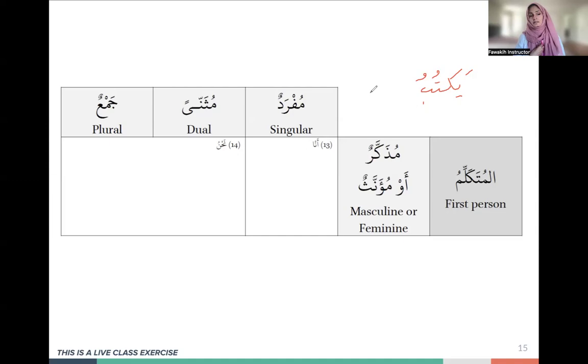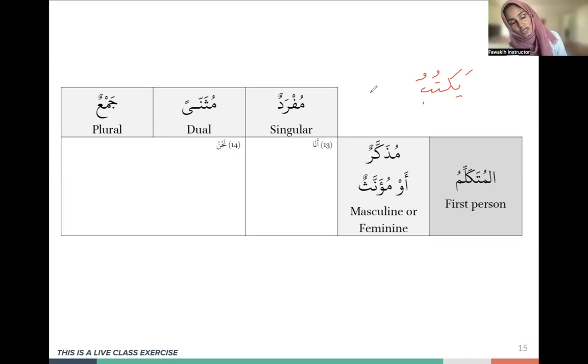Yes, and then ana, أنا أكتب, with the hamza. So I'm giving you a clue: when you have ana in a present tense verb, it starts with the a. أنا أنصر. أنا أدرس. أنا أكتب. And then نحن نكتب. Exactly. You got it?